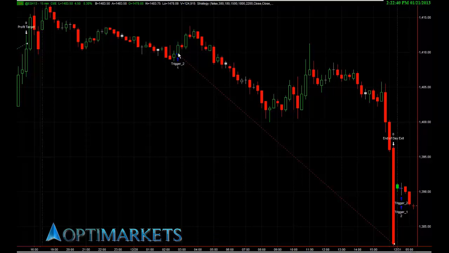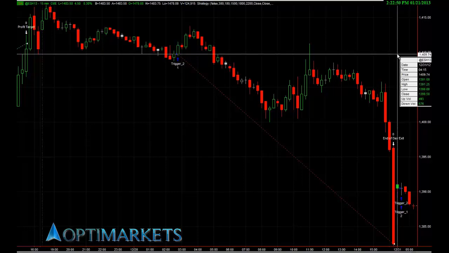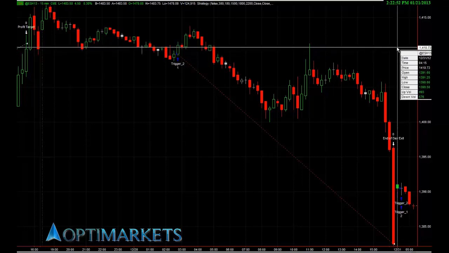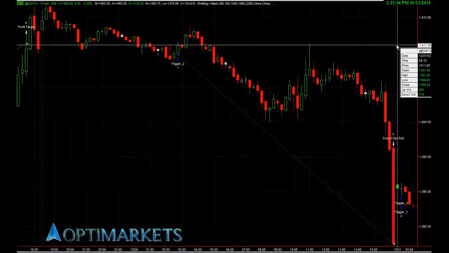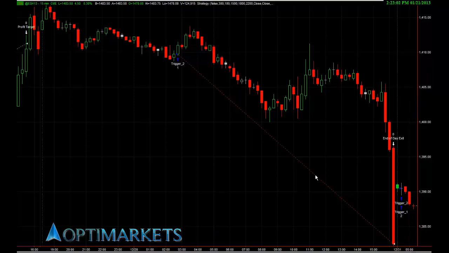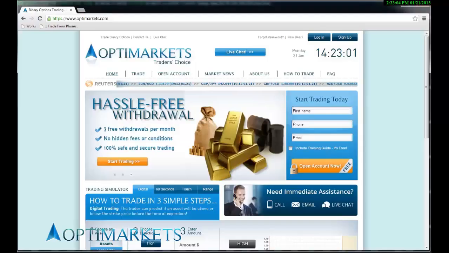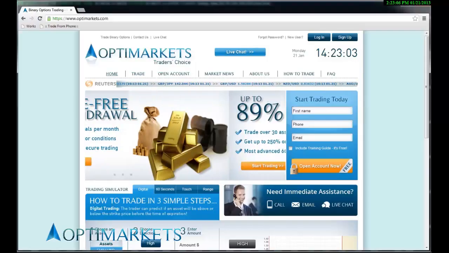Meaning, if you bought $100 worth of upside call action in a binary option, and the binary expired at the end of the day above that 1411 number you thought the asset was going to trade above, you would make up to 89% of your money at Optimarkets.com or whatever broker you use.